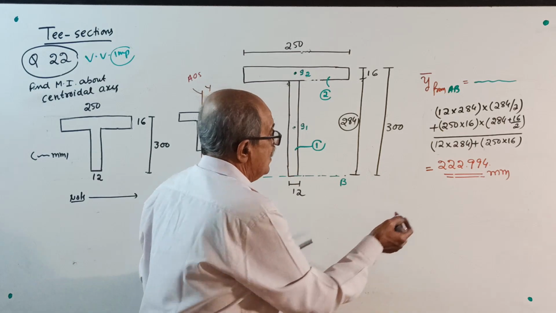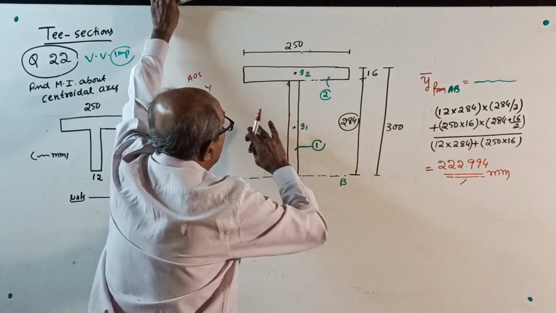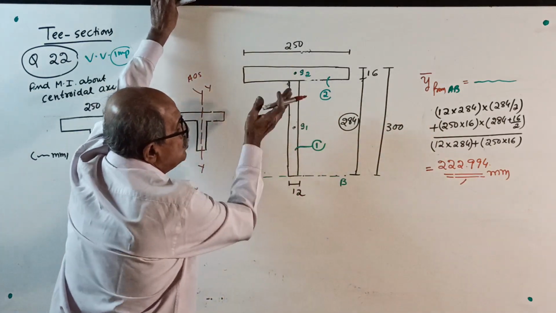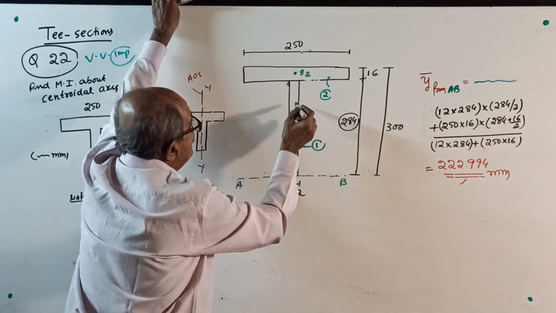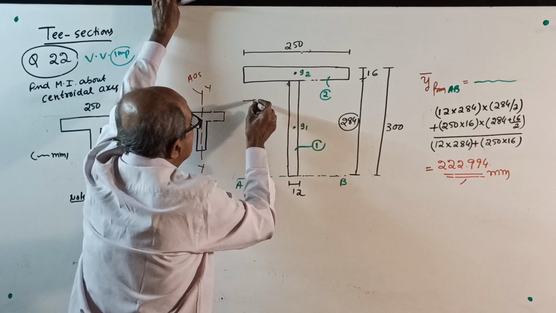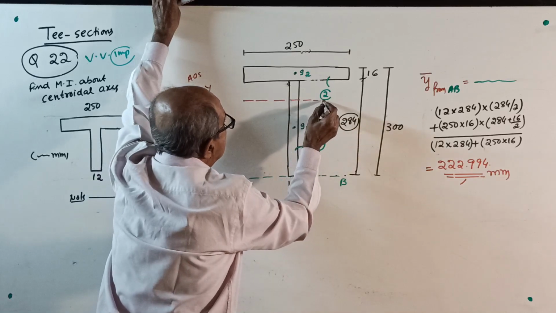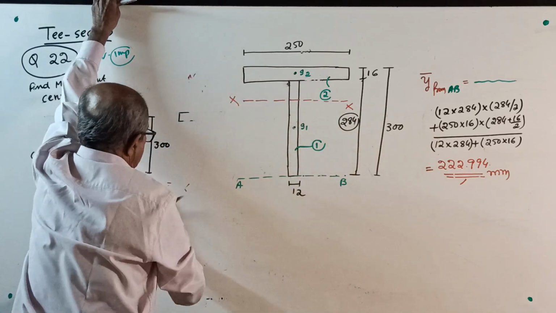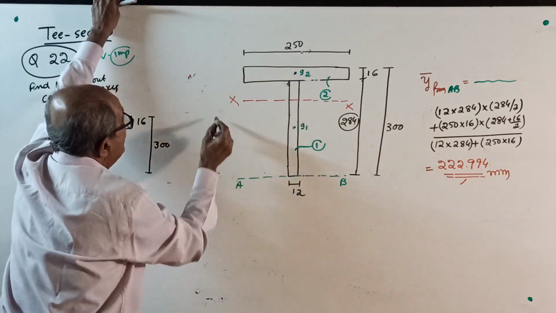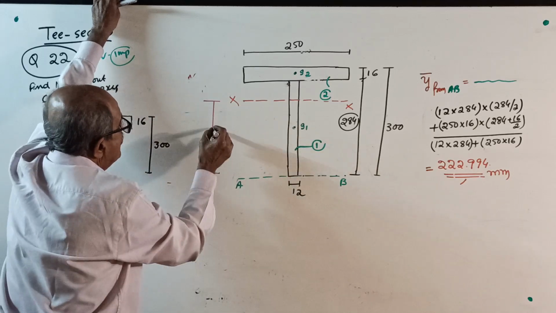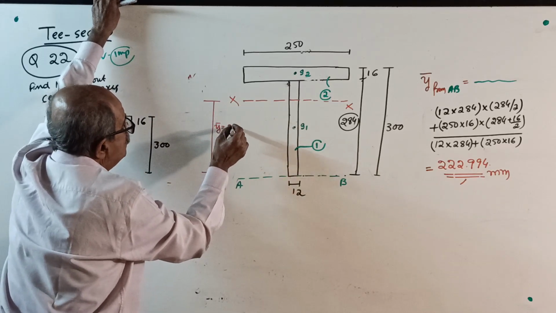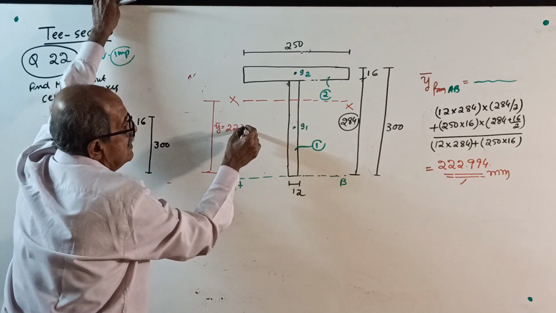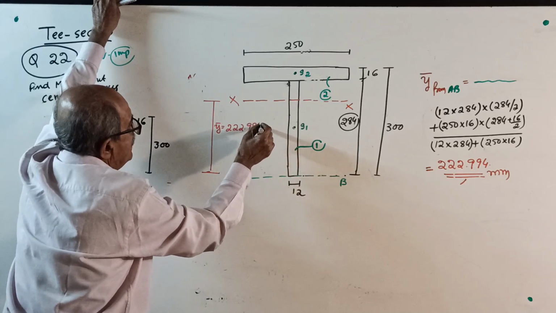Okay, right here. Once you get this one, come back here, mark 222.994. See, somewhere here. This is your Xx axis. See, from here to here is your Y bar, 222.994 millimeter.